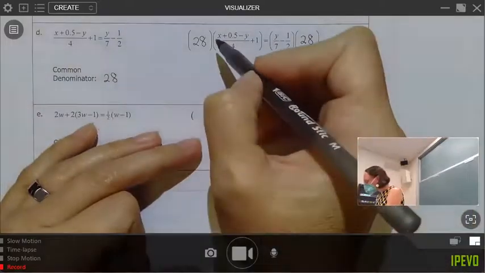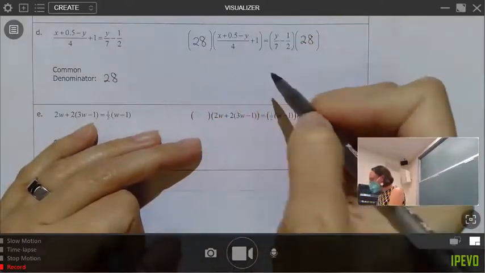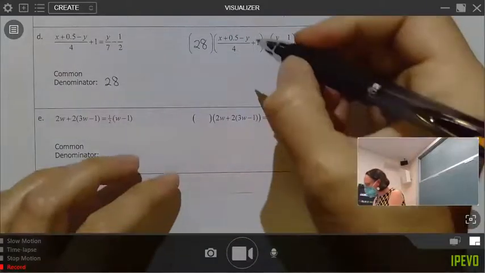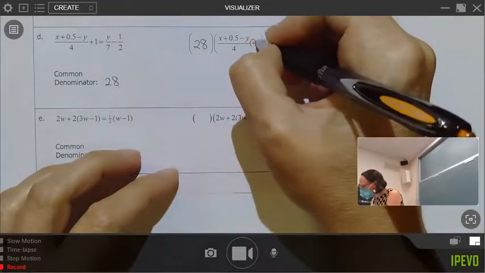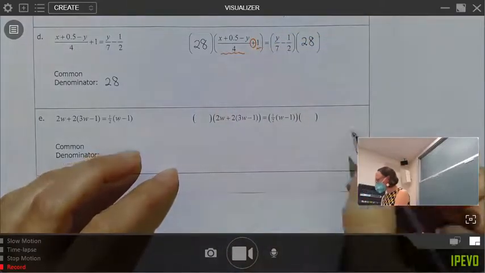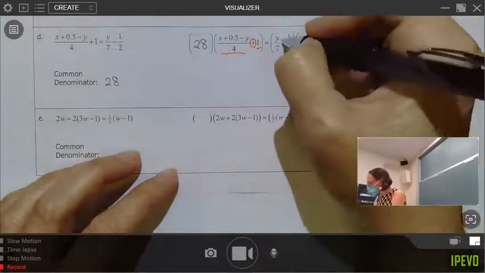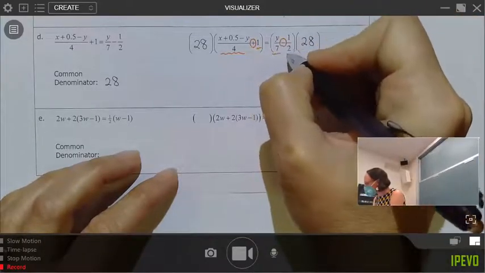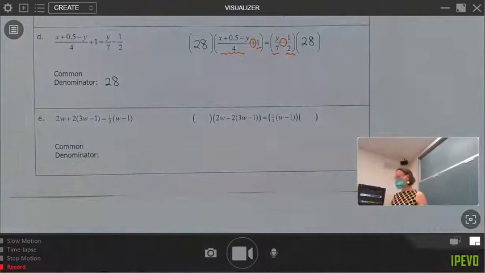And then I'm distributing that 28. So again, this part in parentheses, the place where it's breaking up is right here at the plus. So I've got one piece and another piece. And on the right-hand side, it's that subtraction that's breaking that up. So I have one piece and another piece. So this time both sides have to get distributed.